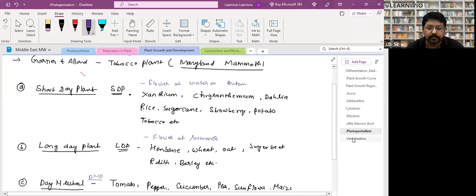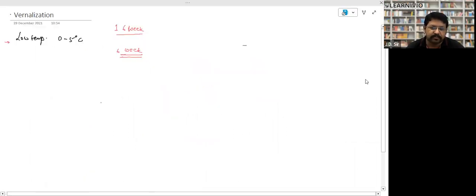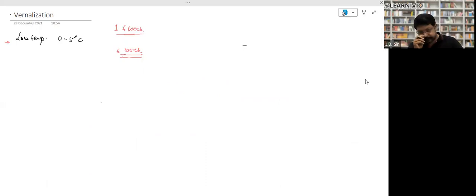Last but not the least, what is vernalization? Any one of you? Come on, guys, tell me, what is vernalization? Who is going to tell me?